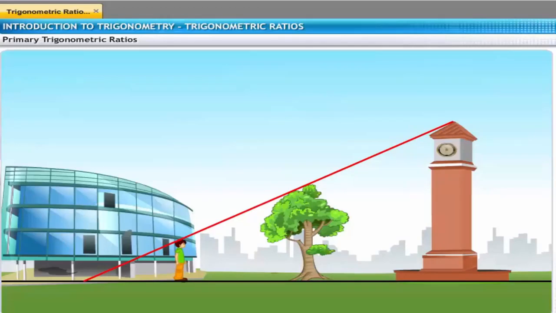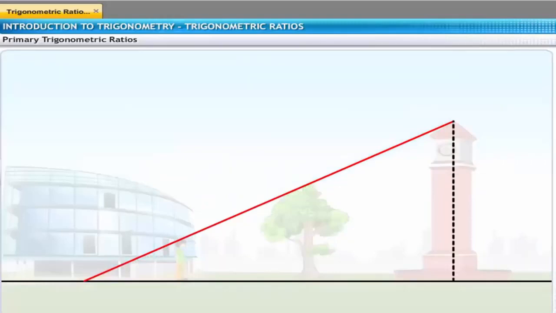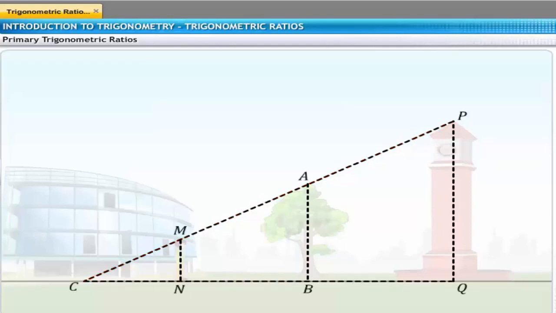Let's drop perpendiculars from this line to the ground, passing through the clock tower, the tree, and Jack. We now have three right triangles: triangle PQC, triangle ABC, and triangle MNC.